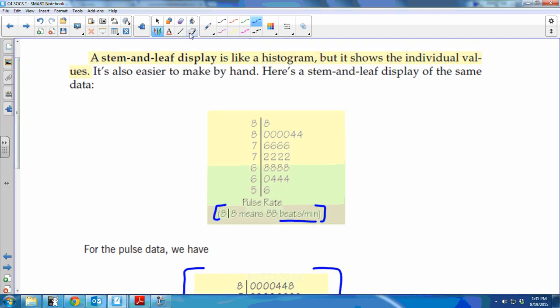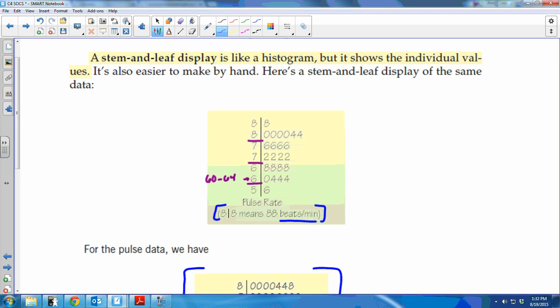So when you split stems, you make 2 of each of your stems. Okay? And when you make the 2, each one represents the same amount of numbers. All right? So the first stem, the 6, should only have data values from 60 to 64 in it.